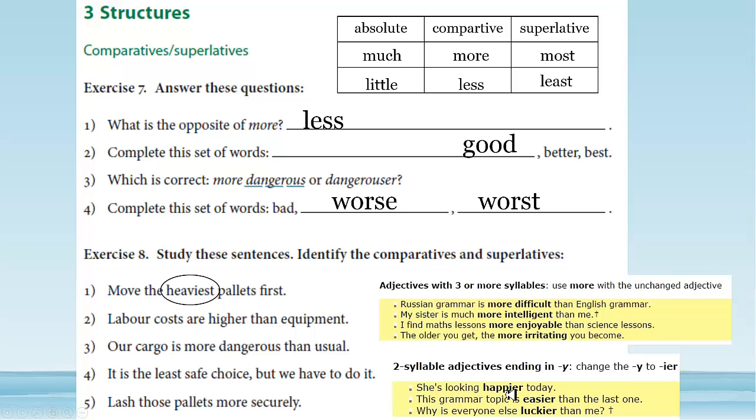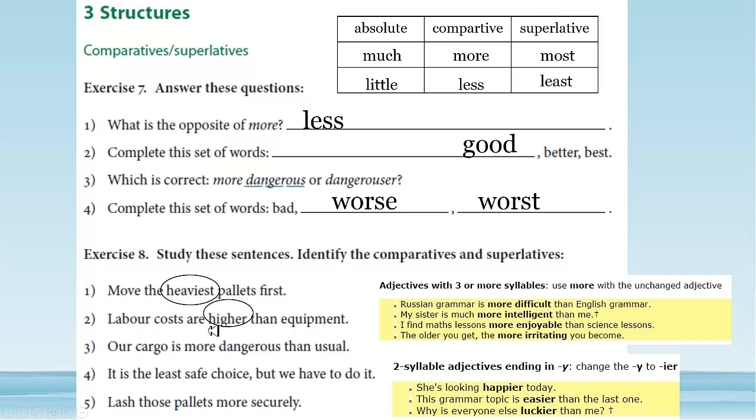So for example, happy goes to happier. Easy, easier. Lucky, luckier. So you have to remember that little spelling rule when you add an -er when you have Y at the end. Okay, number 2, labor costs are higher, right? So that's our comparative. The first one was a superlative, heaviest.